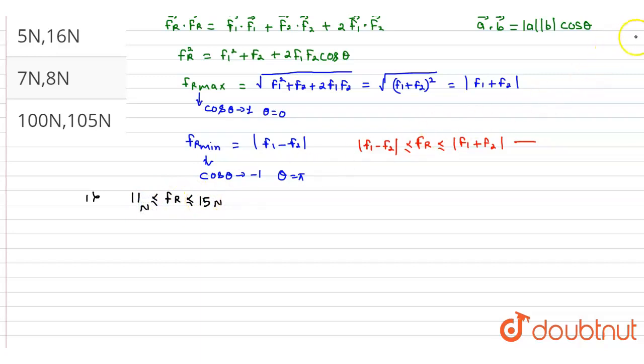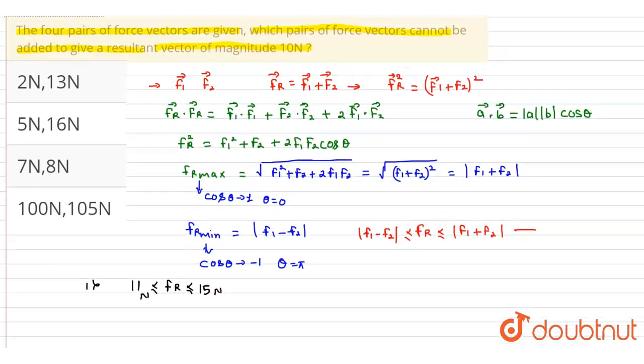We have to find those two vectors which cannot give a resultant vector of magnitude 10 Newton. So the resultant vector in the first case is minimum 11 Newton and maximum 15 Newton. So 10 Newton does not exist between 11 Newton and 15 Newton.